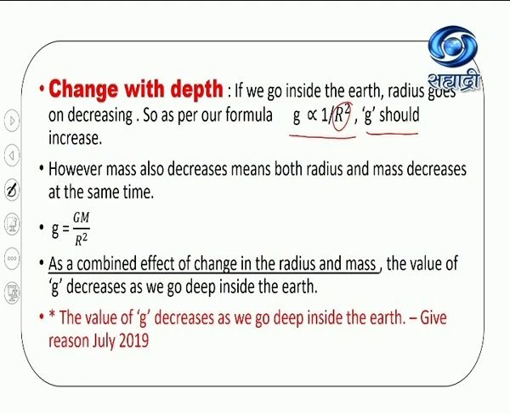But however, mass also decreases, which means both radius and mass are decreasing at the same time. So g is equal to GM upon R square according to the formula. This is a combined effect of the change in the radius and mass. The value of g decreases as we go deep inside the Earth.